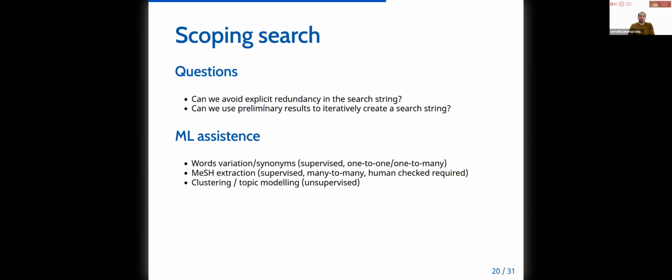And this is useful also when you have preliminary results on your search, so when you are creating and refining your search strings, because you start to collect some results.